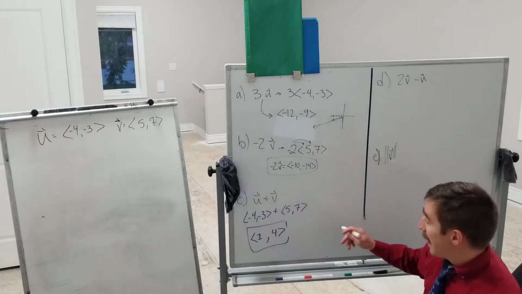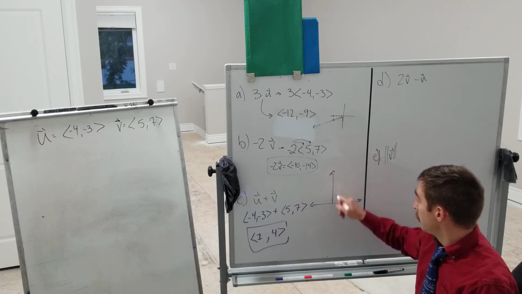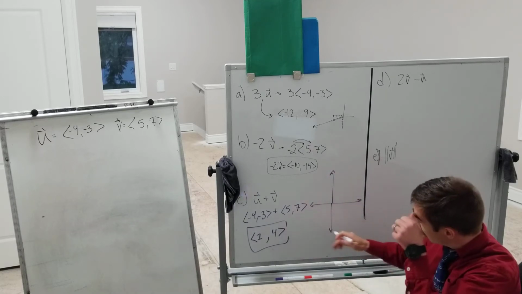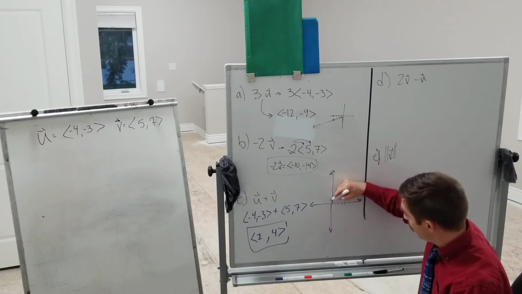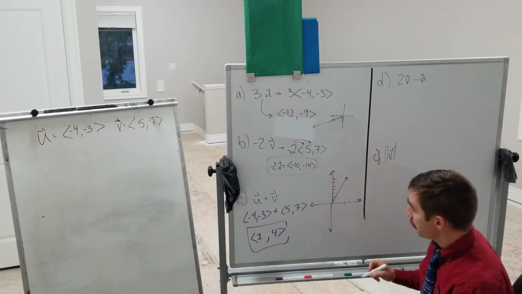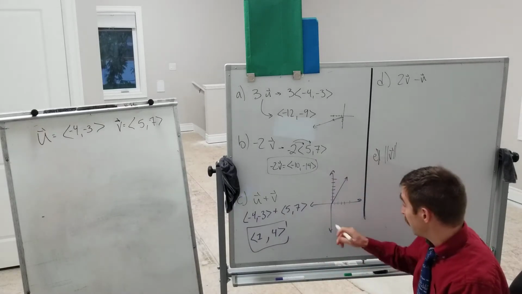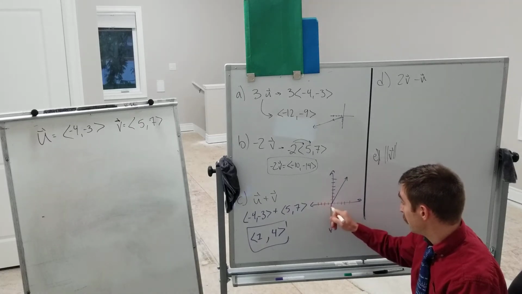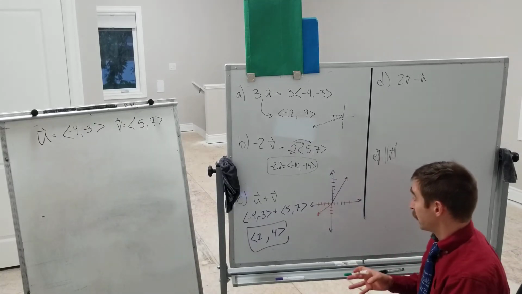Now we can look at this graphically as well. I've got vector 5, 7. 1, 2, 3, 4, 5. 1, 2, 3, 4, 5, 6, 7. And I've got the vector -3, or sorry, -4, -3. 1, 2, 3, 4. 1, 2, 3. Now what I can do is I can go on either vector.